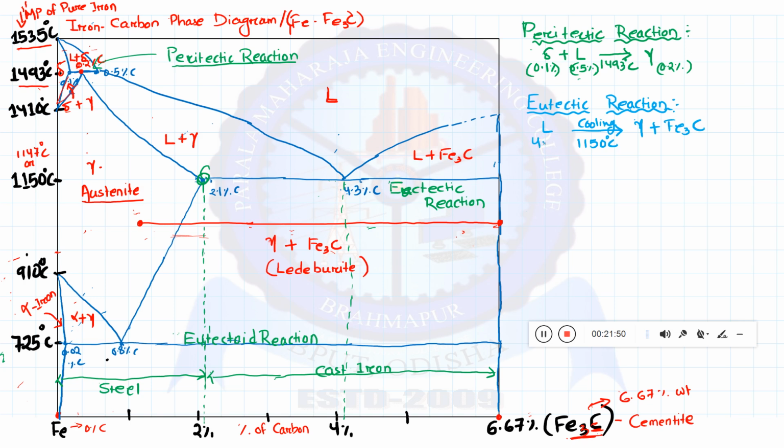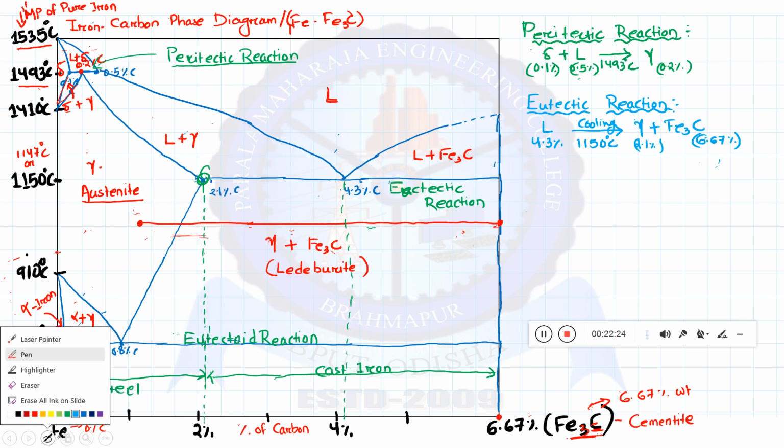Here liquid has 4.3 weight percentage. Gamma will have 2.1 percentage. As you can see, the horizontal line is extended from 2.1 to 6.67 percentage. So, gamma has 2.1 percentage and Fe3C obviously has 6.67 weight percentage. That is our eutectic reaction.